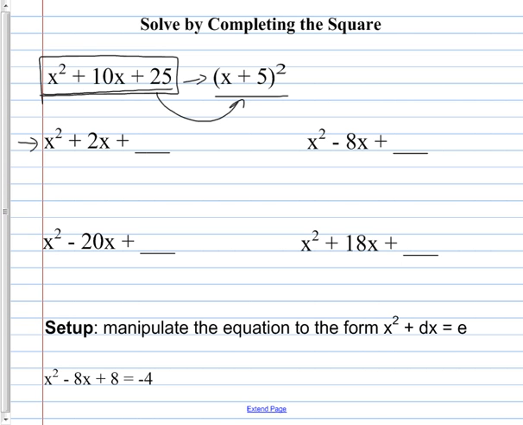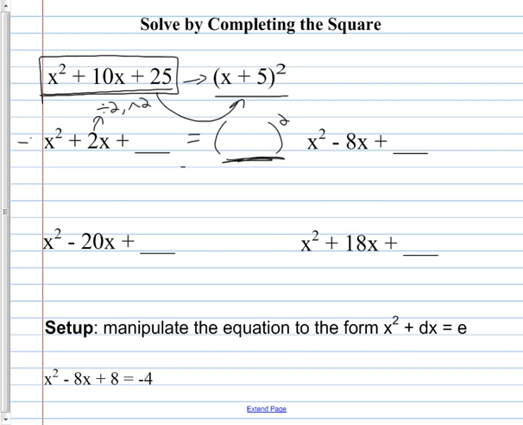If we look at this example first, we want to figure out what this constant term will be such that we can convert the whole thing into the perfect square. So this is called completing the square because it will turn it into a perfect square. And here's how it's done. You take the b term, the 2, and you divide it by 2, and then you square it, raised to the power of 2.